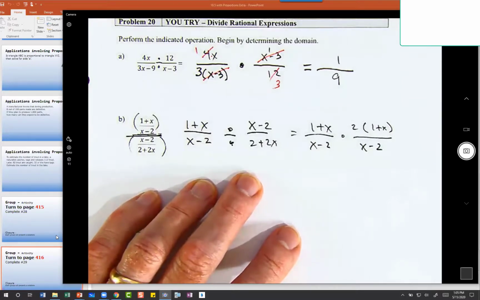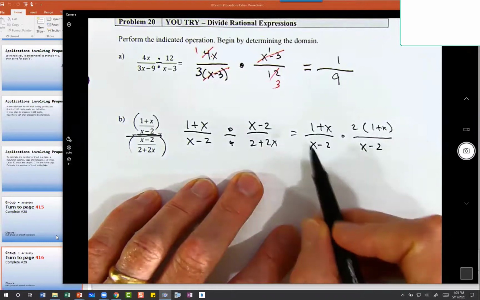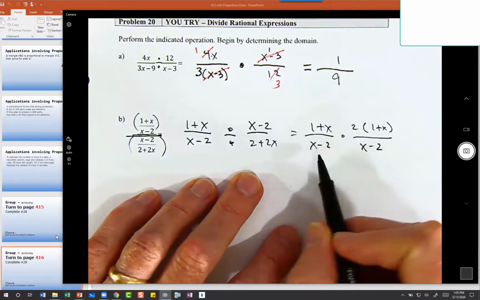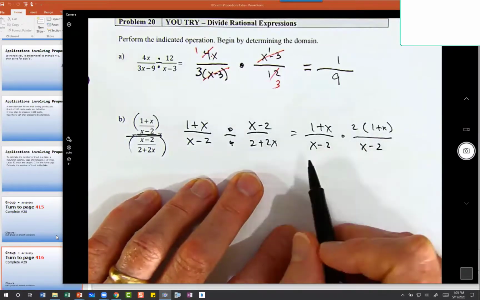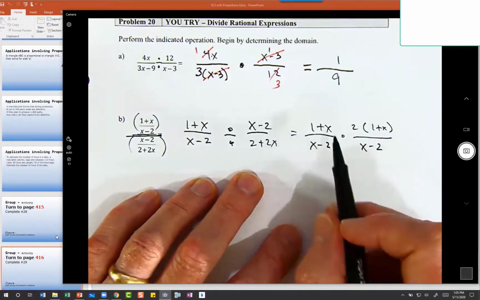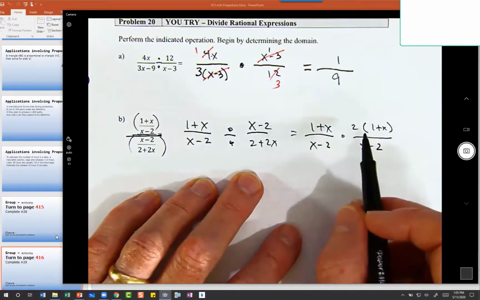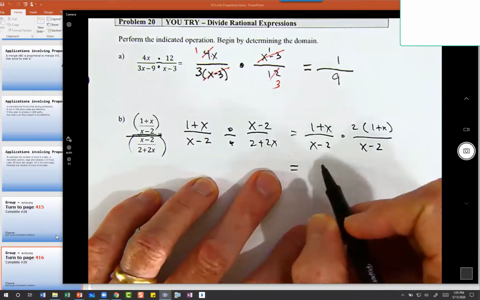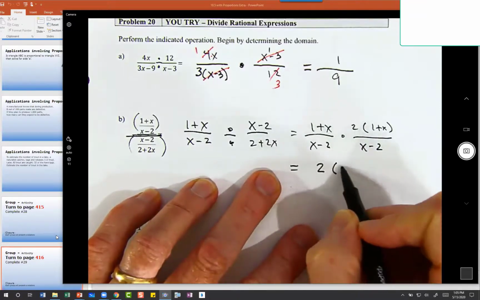Do we got something on the top that will cancel with something on the bottom? Nope. It's a shame. This is the same and this is the same. We'd like to cancel them, but they're both on the bottom. They don't cancel. They multiply. And the same with the x plus 1s. They're both on the top. So in this problem, there is no canceling.